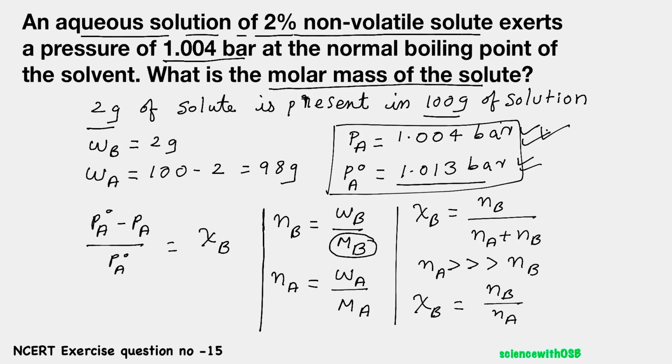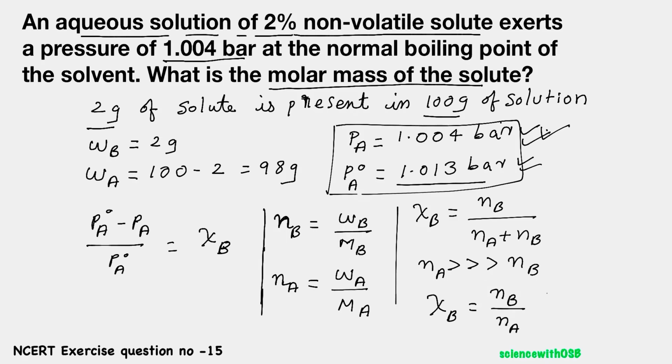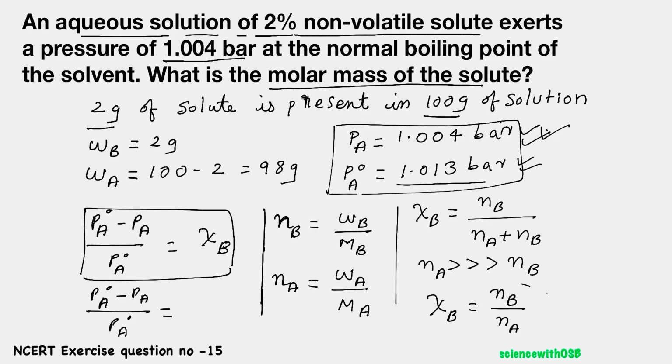Now you already know chi B is equal to NB by NA, and we know what NB and NA are. Coming back to our standard equation, (PA standard minus PA) by PA standard is equal to chi B, and chi B is NB by NA.